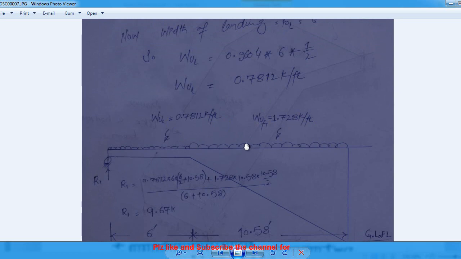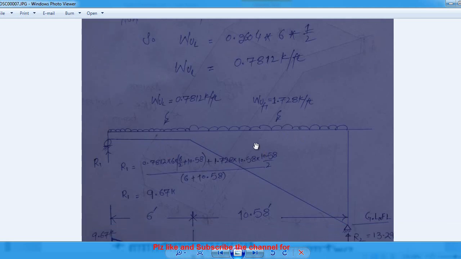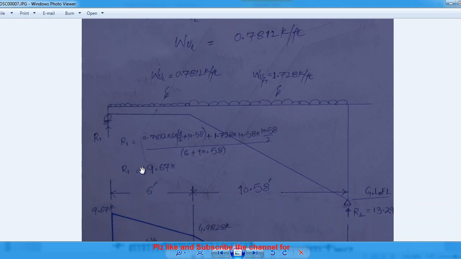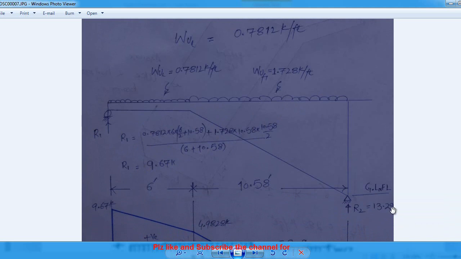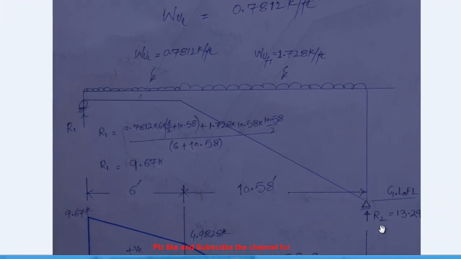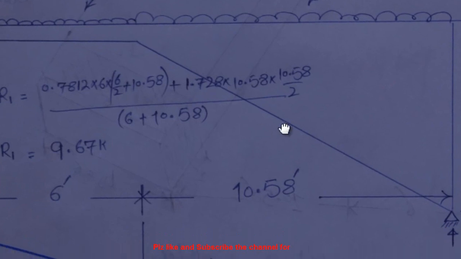You just need to analyze this beam like a simply supported beam. Here you see R1 is calculated. I take moment here and use the moment equation and I got 9.67 and 13.29. This is R2 and this is R1.